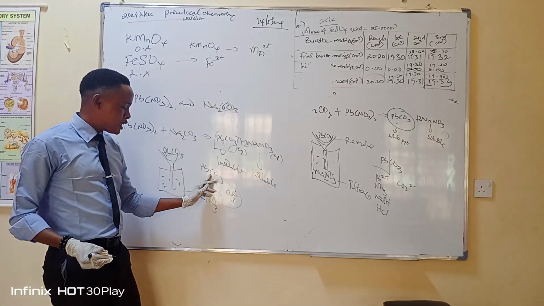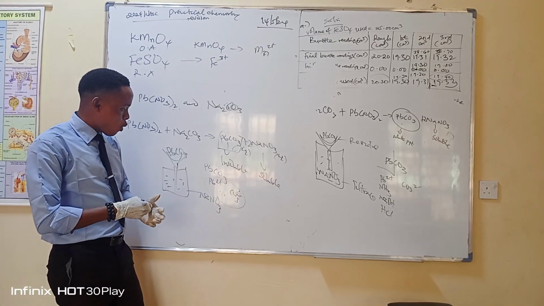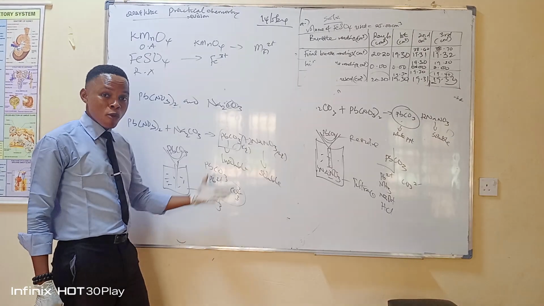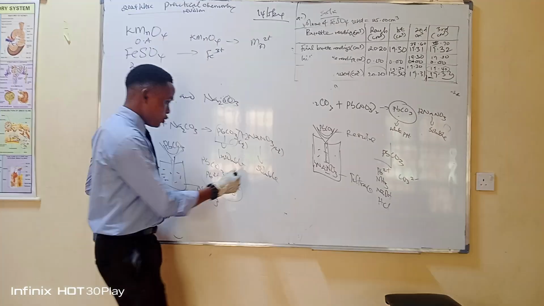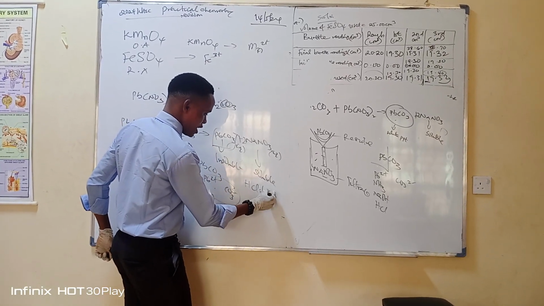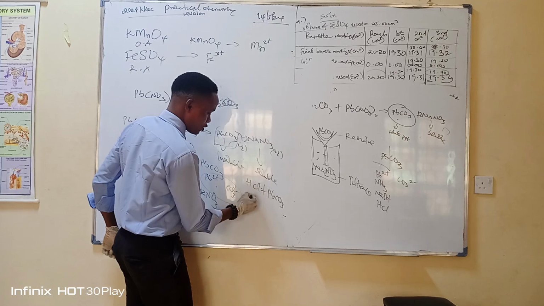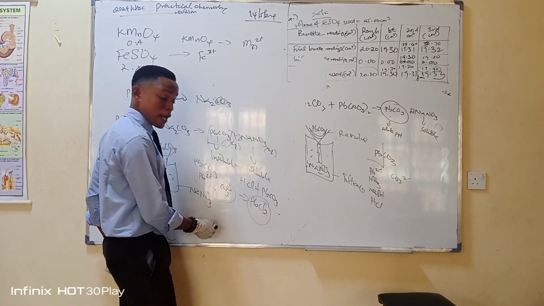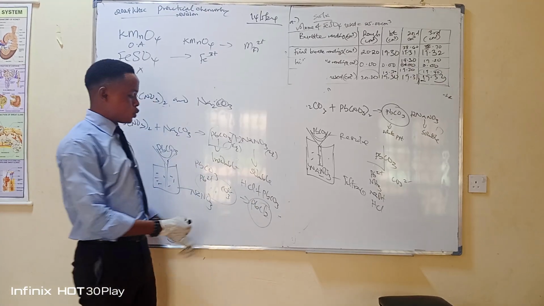This will actually dissolve in the presence of HNO3 without forming any more precipitate. But if you use HCl plus lead carbonate, you are going to have a precipitate known as PbCl2. So in that case, we wouldn't use HCl.